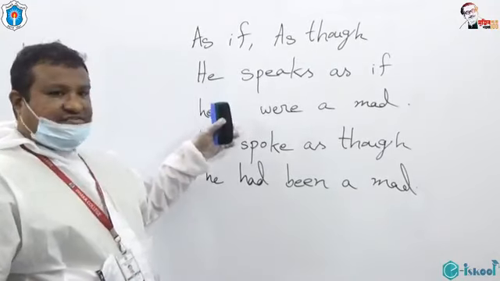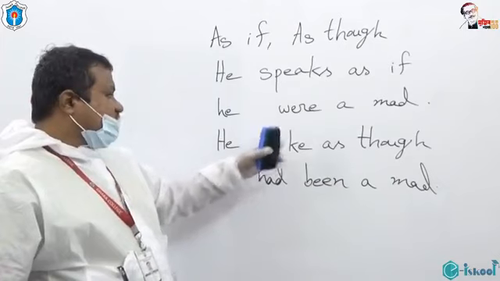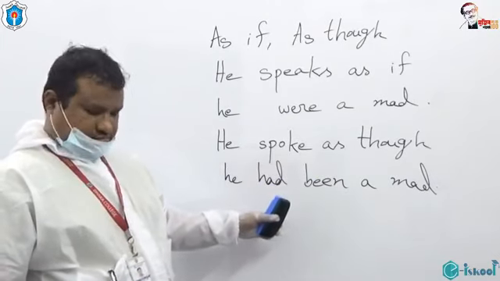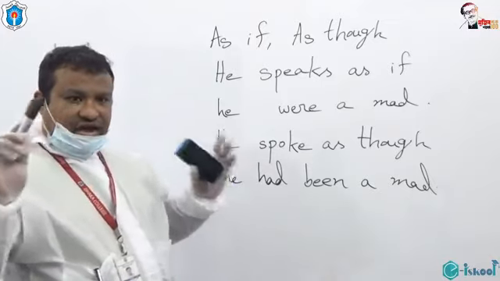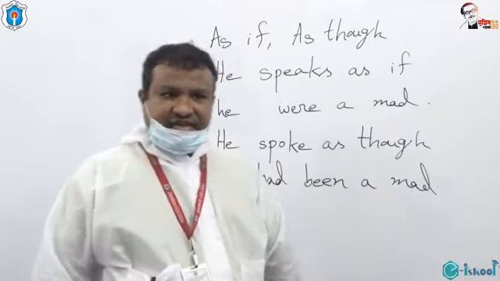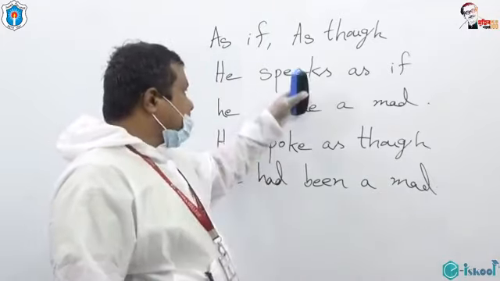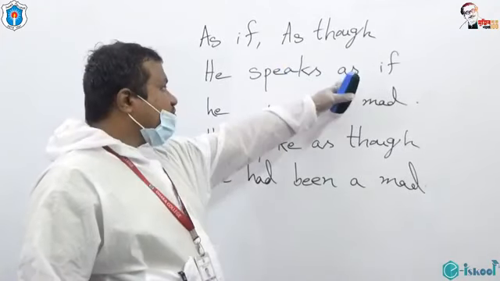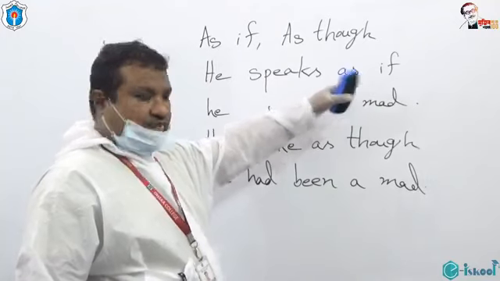He speaks as if he were a man. He spoke as though he had been a man. Now, let's see here. After the verb speaks, we are using as if.